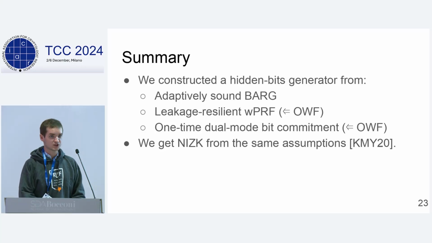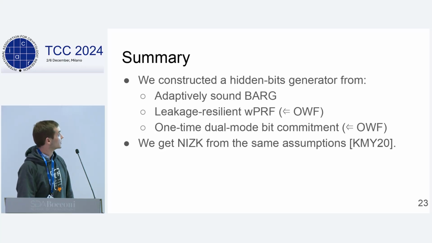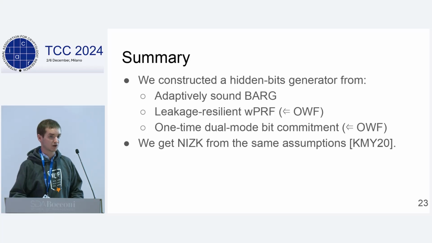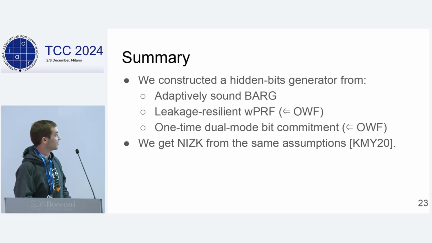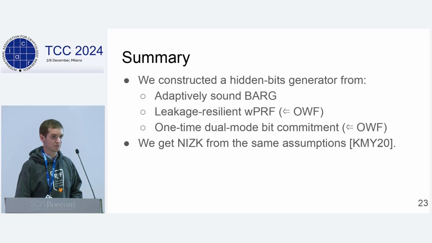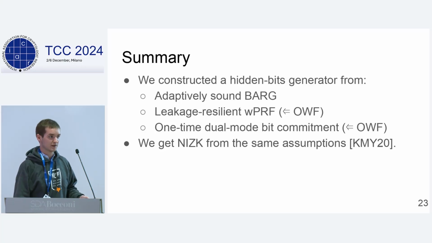So some open questions that remain about this work are, can we get NIZKs from other BARG-type assumptions, like index BARGs or non-adaptively sound BARGs? The reason we couldn't get non-adaptively sound BARGs exactly from this same approach unmodified is that the hidden bits generator has an adaptive security definition, right?